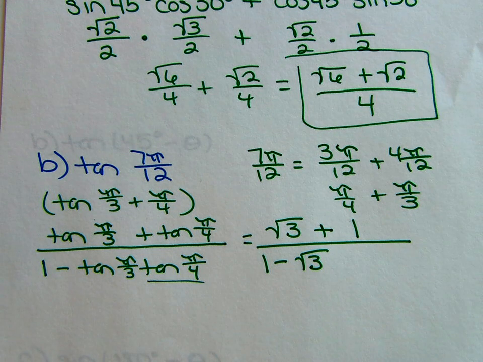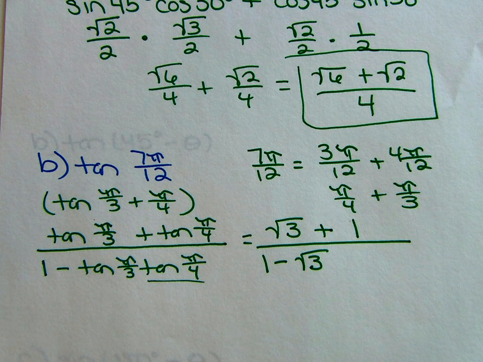Now, in our denominator, we have 1 minus square root of 3. That's a problem. So we need to rationalize our denominator so that we can get the radical out of it. How do we rationalize the denominator, though, when we have a binomial like this in the denominator with a radical? Close, not reciprocal. We will multiply it by 1 plus the square root of 3.